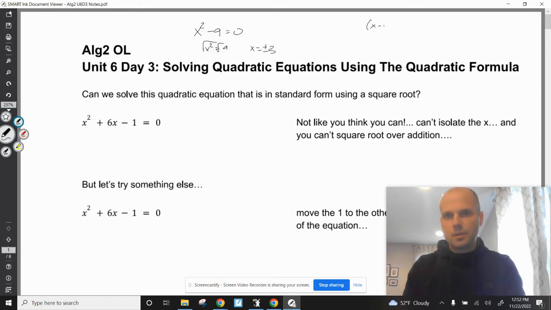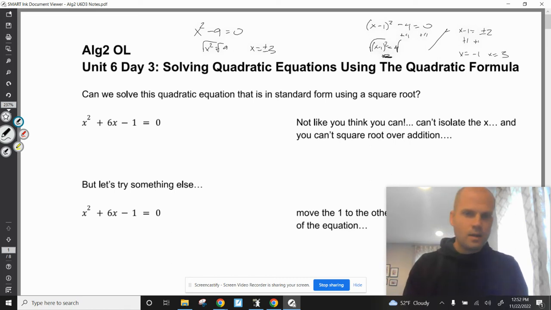We've also had some equations in vertex form where we can isolate the square before we square root, getting us x minus 1 equals plus or minus 2. Then we finish by adding 1 to both negative 2 and positive 2, giving us negative 1 and positive 3.